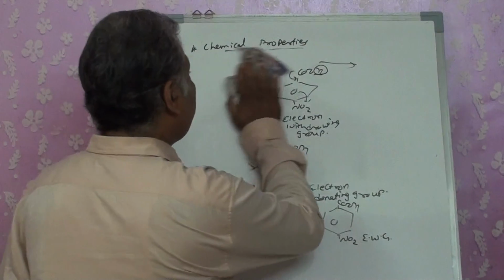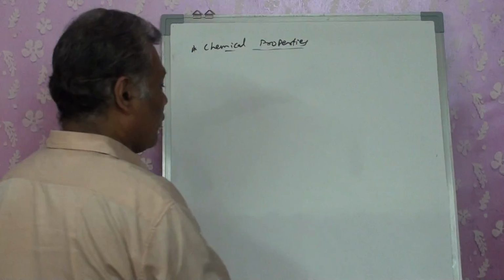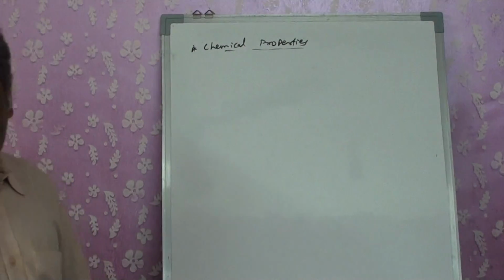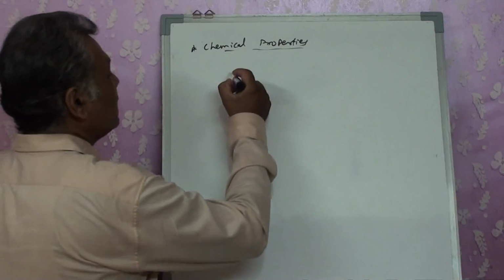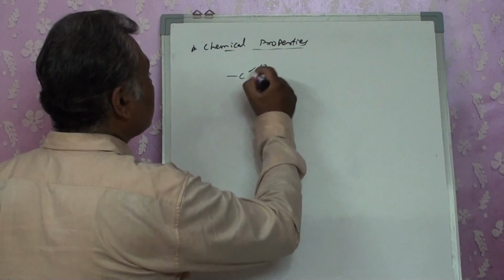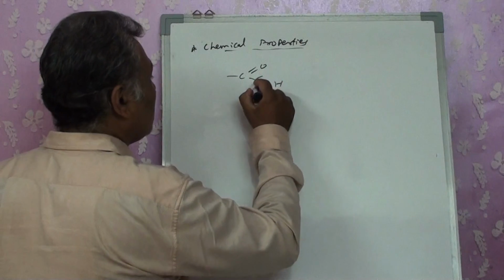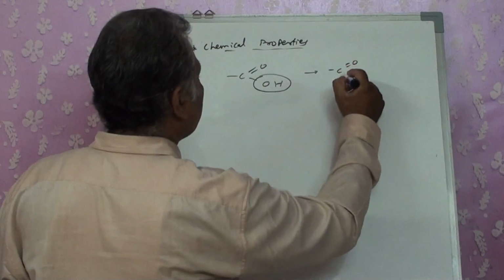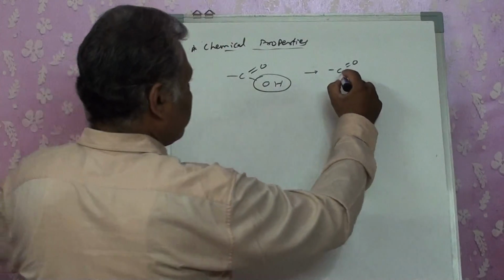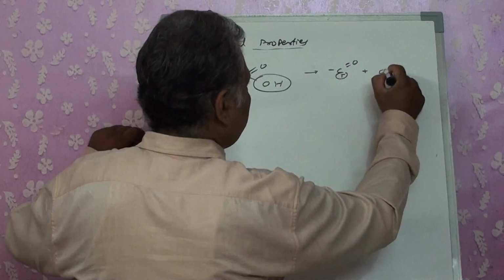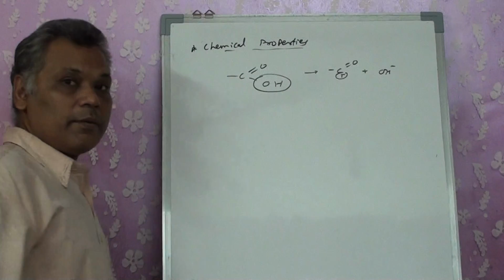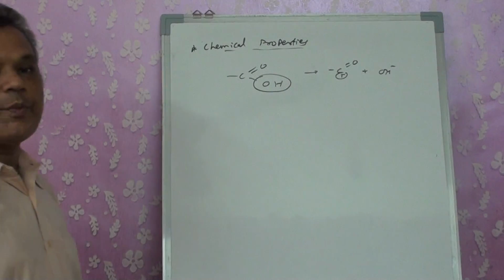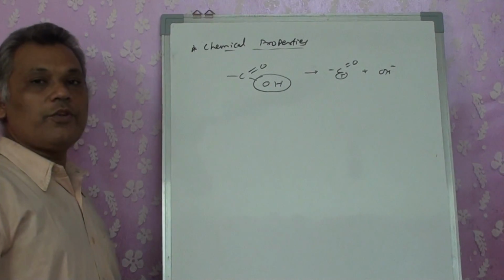Now if the cleavage of the complete OH group is going to take place, the next reactions we are going to do are in carboxylic acid where the whole OH group is going to dissociate. That means we are going to get OH minus separated, the cleavage of the OH group.